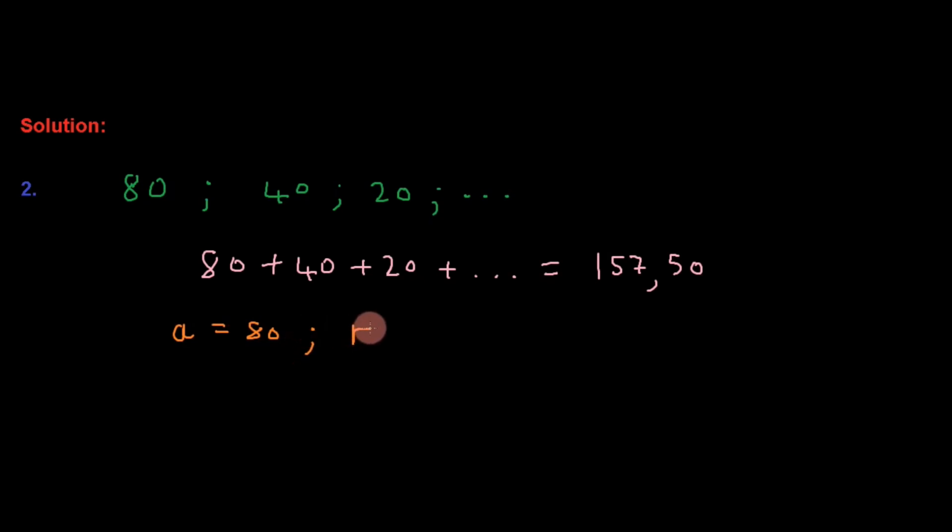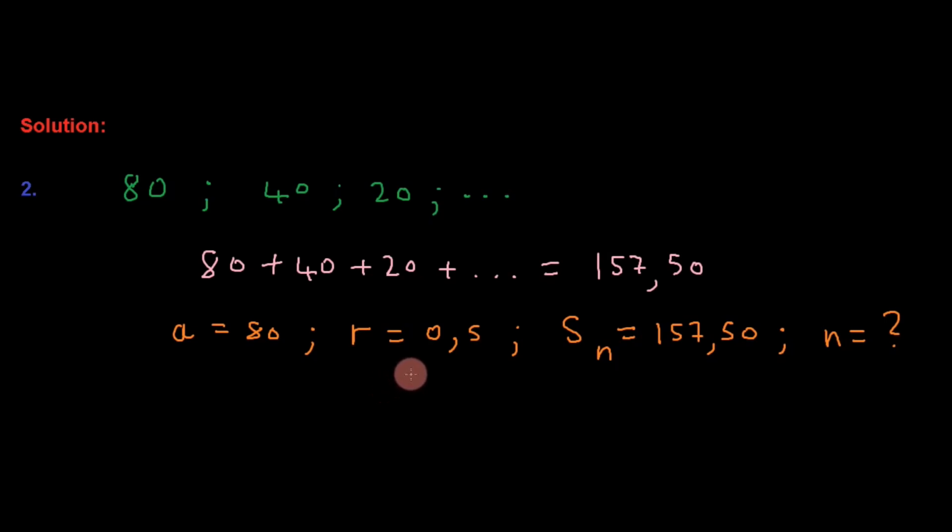We have the common ratio R, which is 40 divided by 80, which is 0.5 or a half. These must all add to 157.5. So we have the sum to n terms, and we must find the number of years or the number of terms or payments. So we must find n.